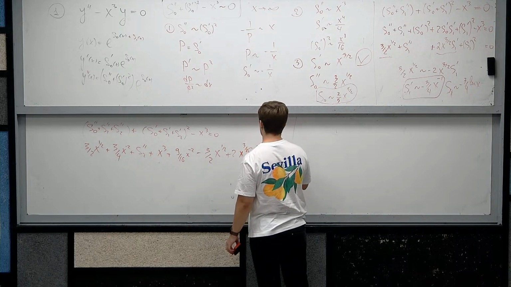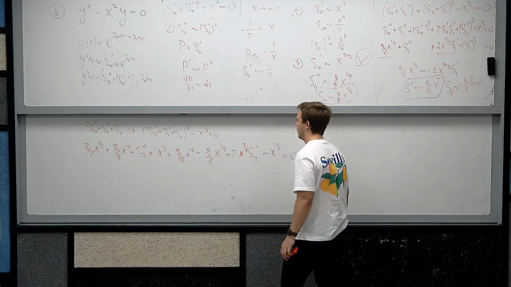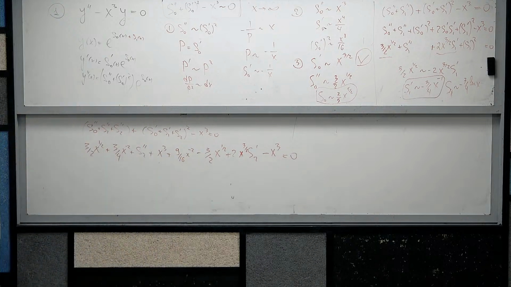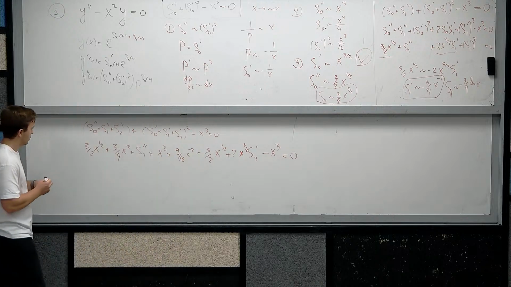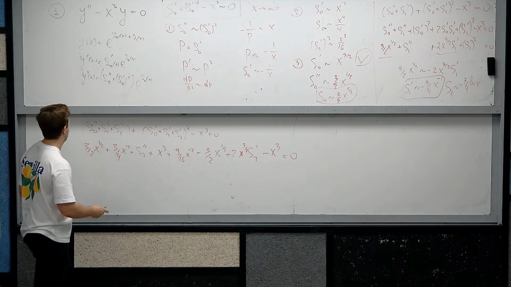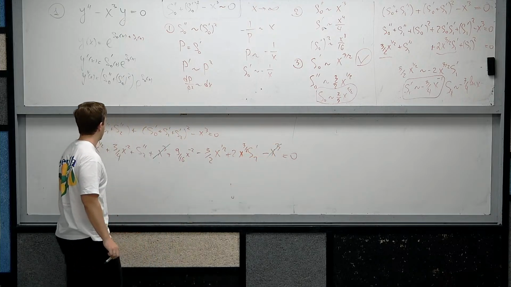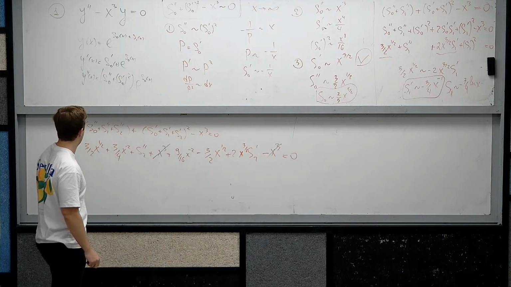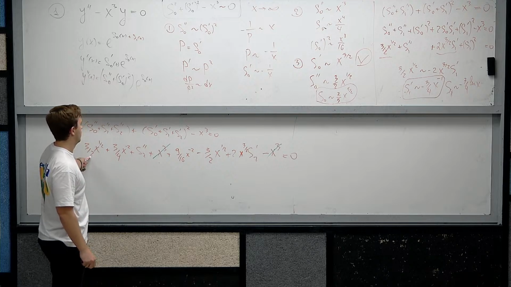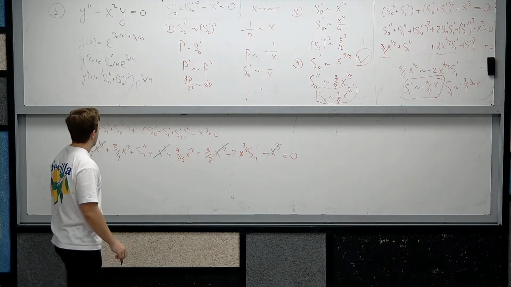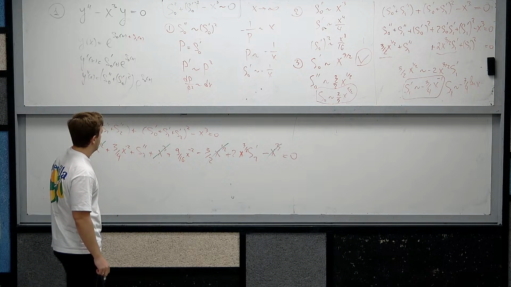Here is minus x cubed. Okay. Then this is the first term also, with the middle one. Yeah. Also, the second and fourth term can simplify. Yeah, yeah.